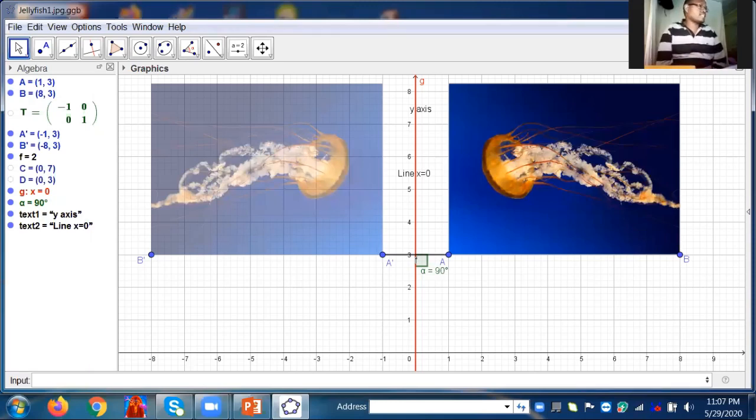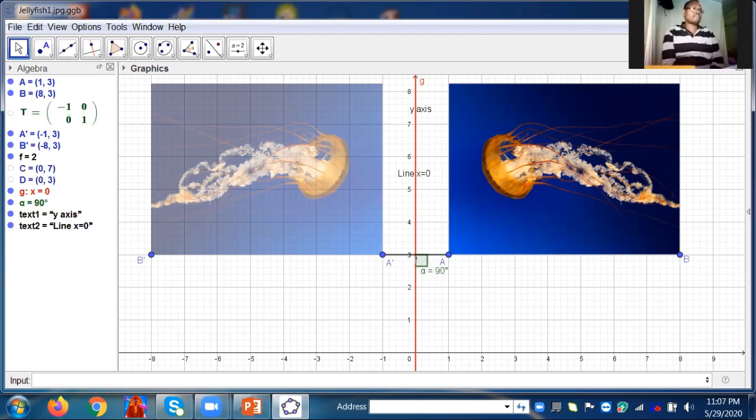The matrix T equals -1, 0, 0, 1 is a matrix of reflection on the line x equals 0. The line x equals 0 is also the y-axis.